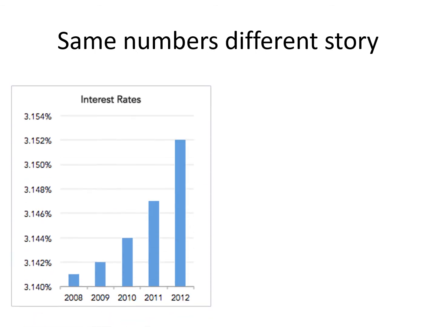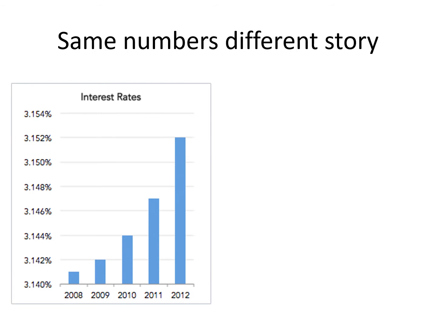Unfortunately, sometimes it is difficult for people to make good charts. So let's see what happens when frustrated people make bad charts. So here we have same numbers, different story.